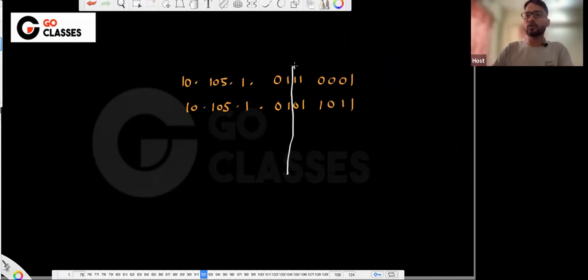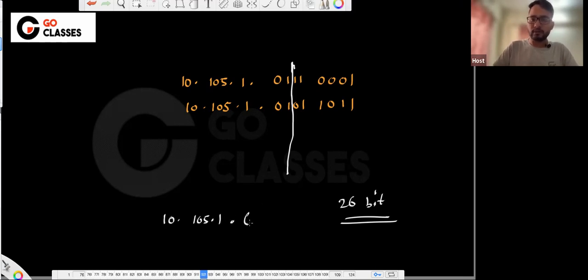Okay, so what should be the network ID that belongs to both of them? Maybe you can say 1 2 3 4 5 6, or maybe this is 8 and 8 16, and then 24 25 26, right? So 26 bits should be fixed. If you fix the 26 bits, then both of the IP addresses belong to the same network. If you have this network, maybe this is 64/26, then this network contains both of these IP addresses. Do you agree?